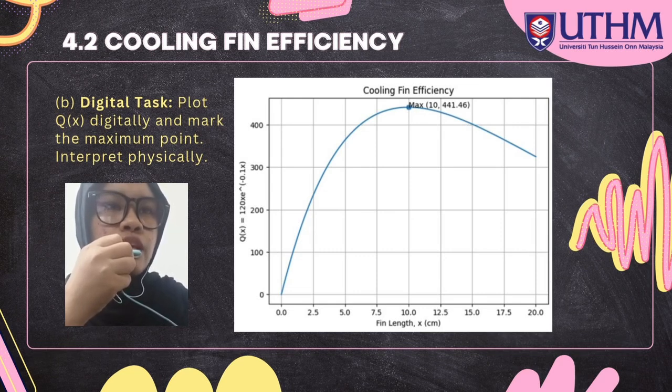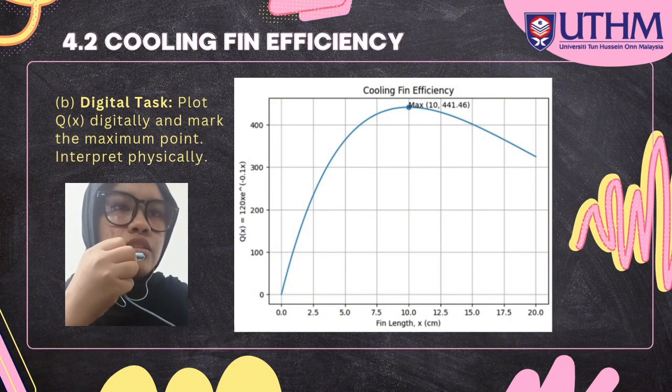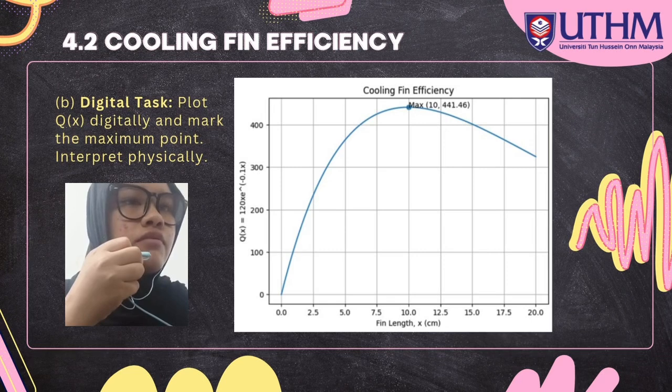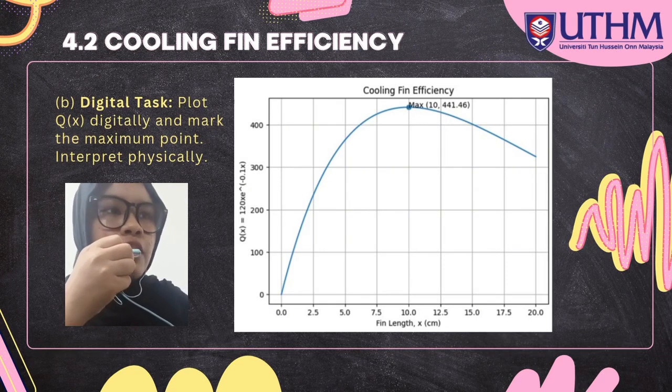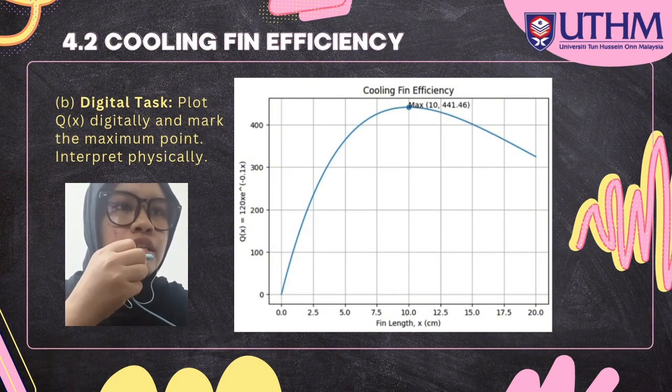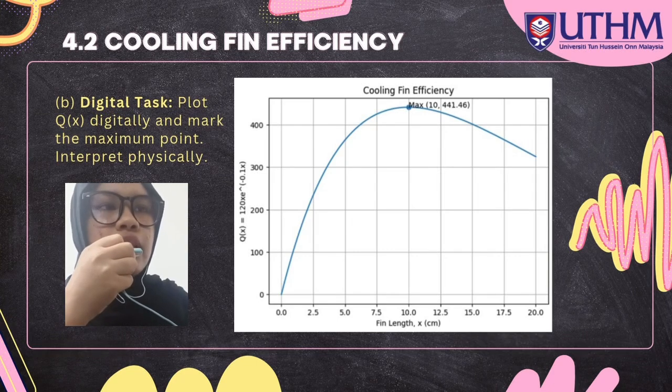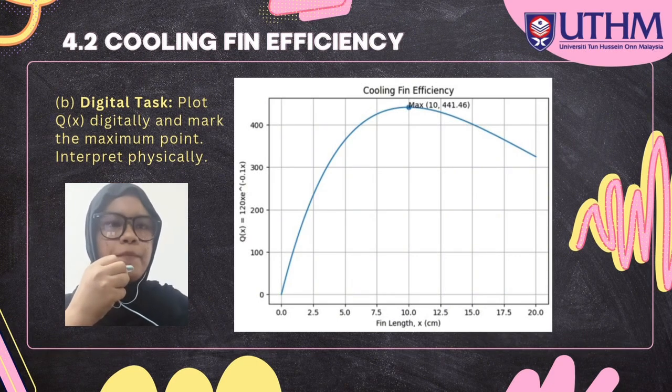Therefore, the most efficient fin length is 10 cm, with a maximum heat transfer rate of 441.46. So the conclusion is the cooling fin achieves its highest heat dissipation at 10 cm. Beyond this length, the heat transfer rate decreases, making the fin less efficient. That's all.